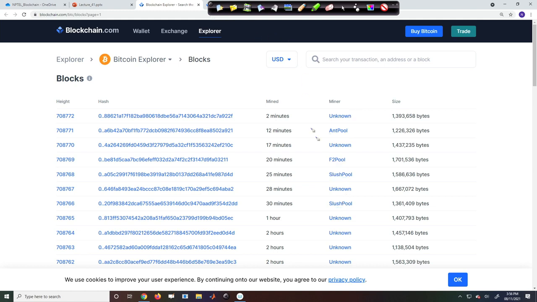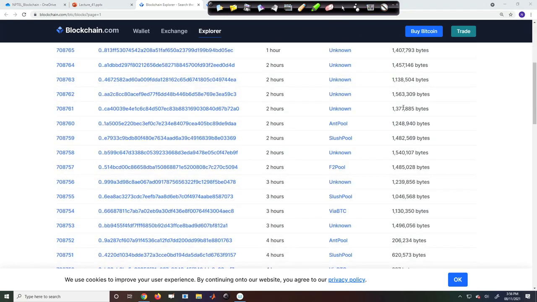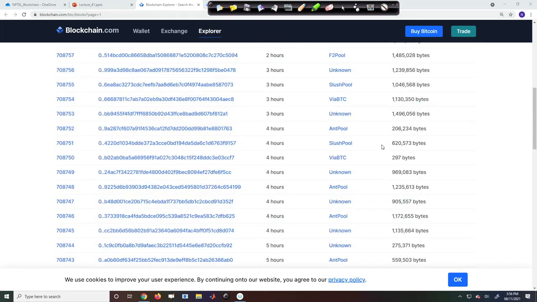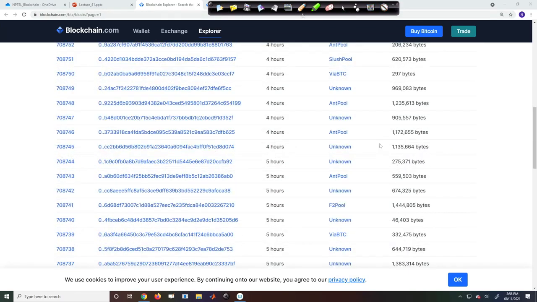Then if I go down, again AND pool, again /pool, again F2 pool, /pool via BTC, AND pool, /pool. So, you can see that some miners are continuously getting repeated. Again if I go down, I have via BTC, AND pool, F2 pool via BTC. So, the same set of miners are continuously getting repeated.